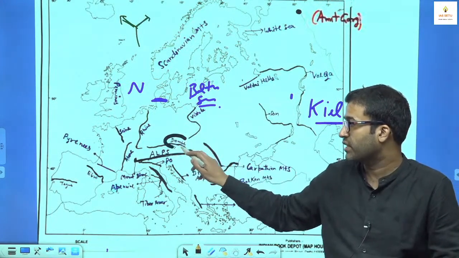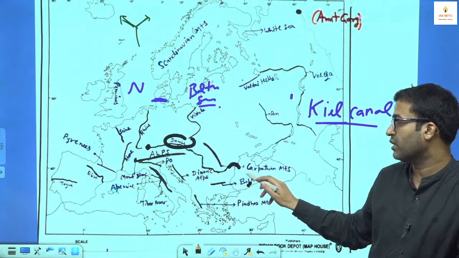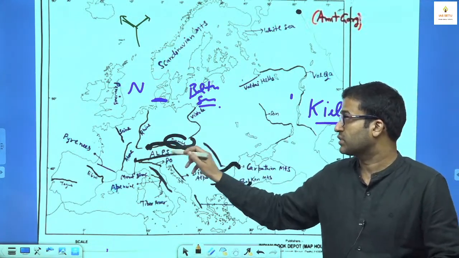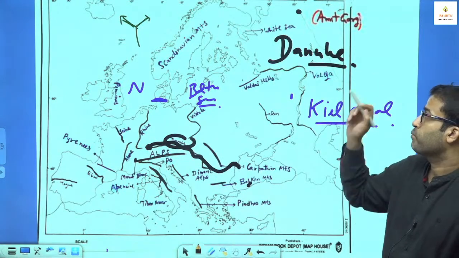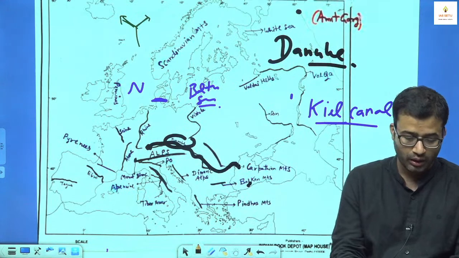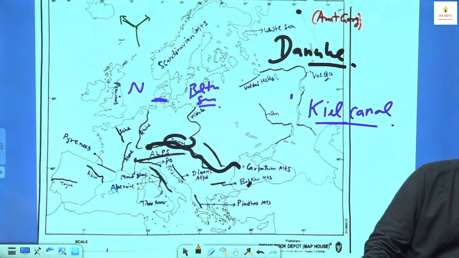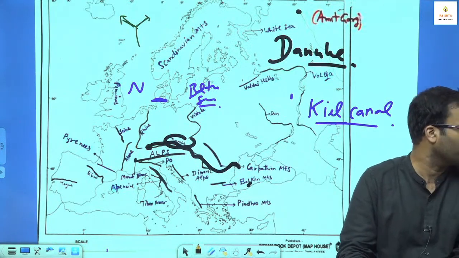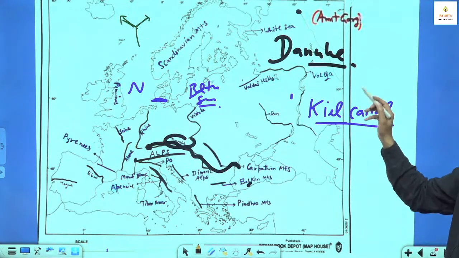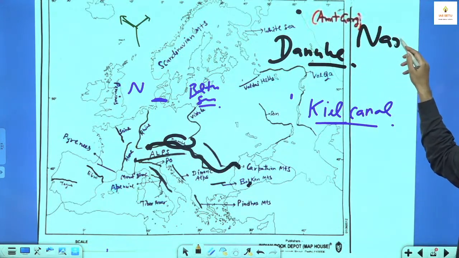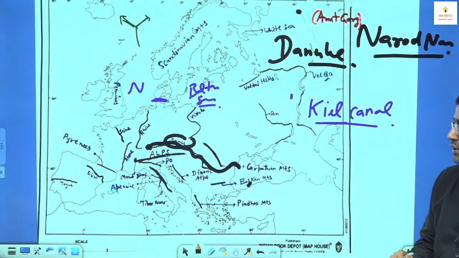So here this is Danube, which originates from the Black Forest and which drains in the Black Sea. Highest peak of Ural, U-R-A-L. That is Narodnaya. N-A-R-O-D-N-A-Y-A.